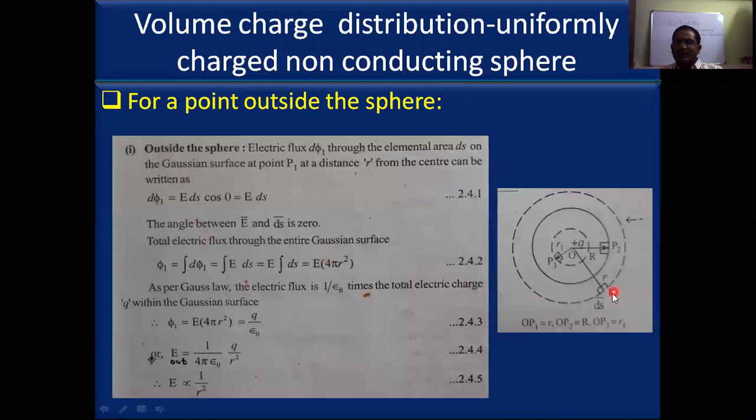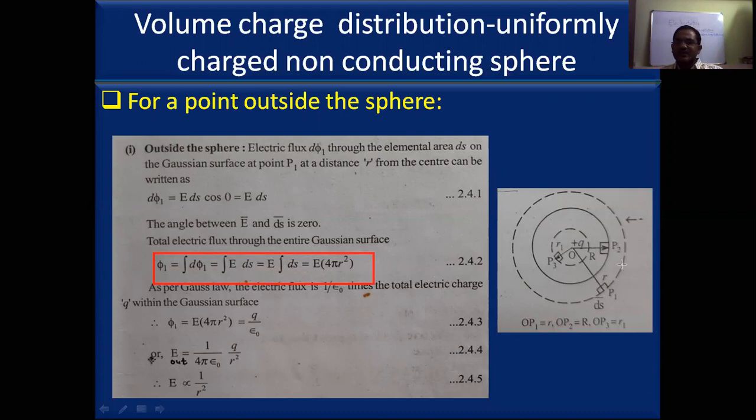If you consider the point P, this is the external point. Here d phi is equal to E dS cos 0, which equals E dS. Now the total flux through this entire surface, phi, is the integral of d phi, the surface integral of E dS.